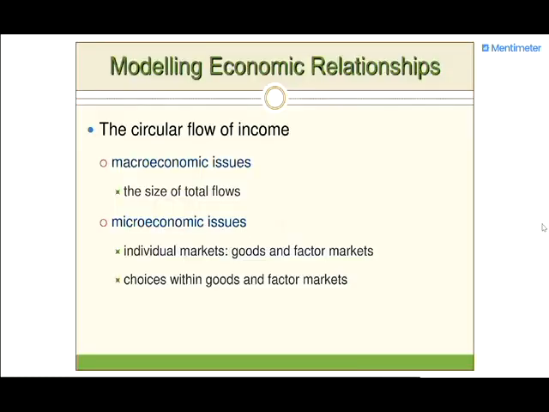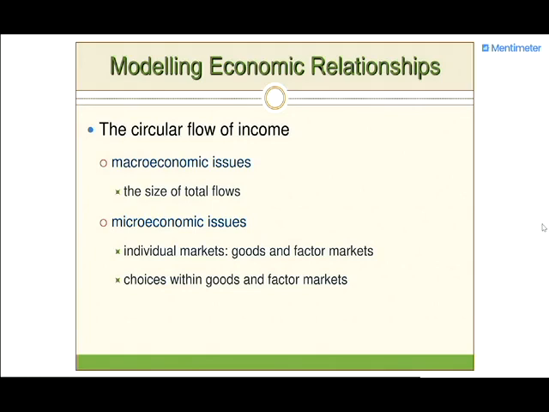Now, in this model, the size of the flows, the labor, capital, and land moving towards the market, and also the payments back to the households, is basically a macroeconomic issue, the amounts of these flows.